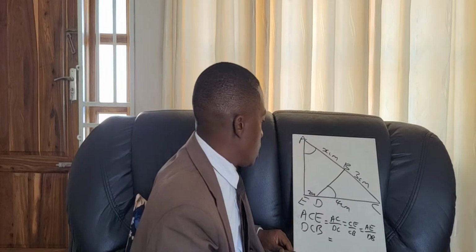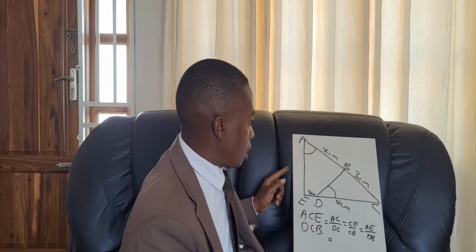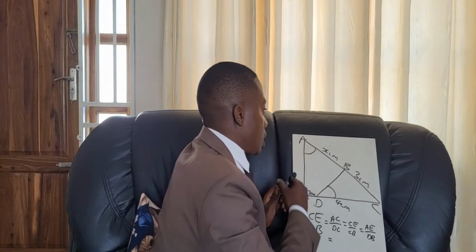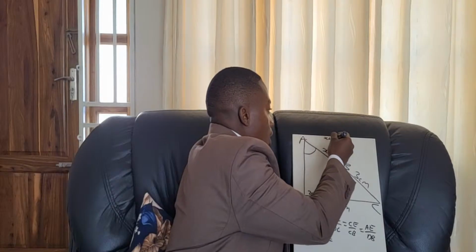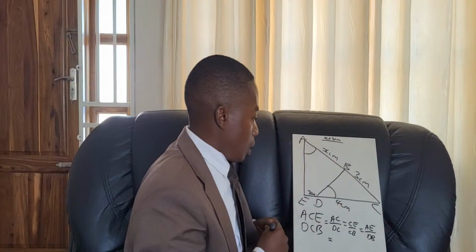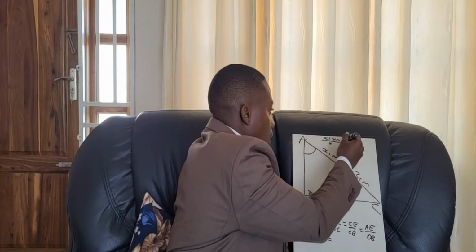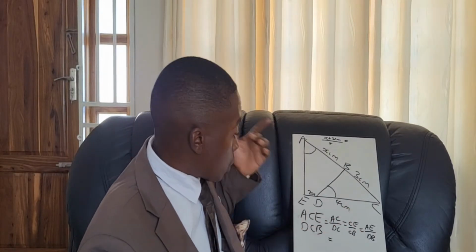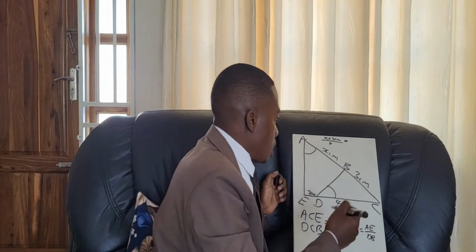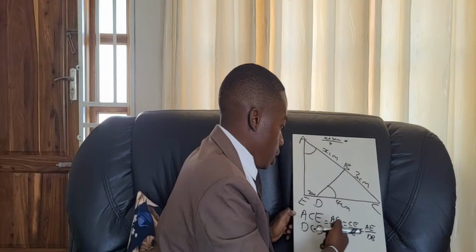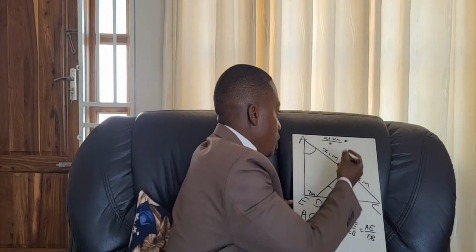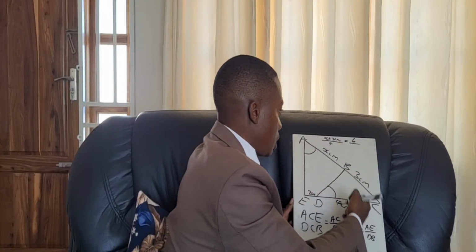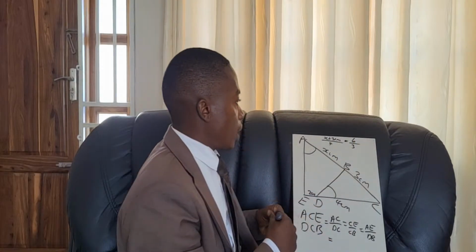AC is x plus 3 centimeters over DC, which is 4. And CE is now 4 plus 2, which is 6, over CB, which is 3. So we're just going to solve that equation.